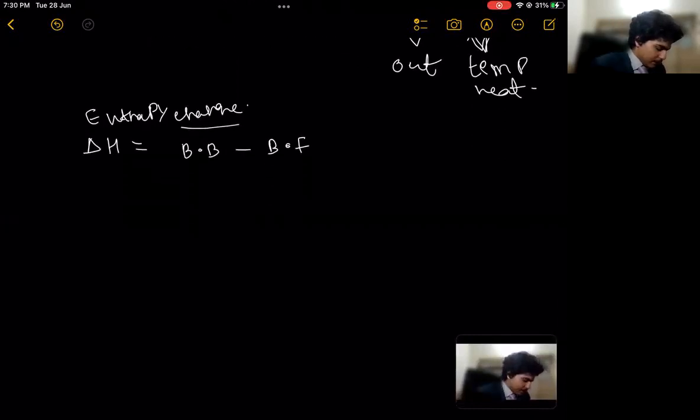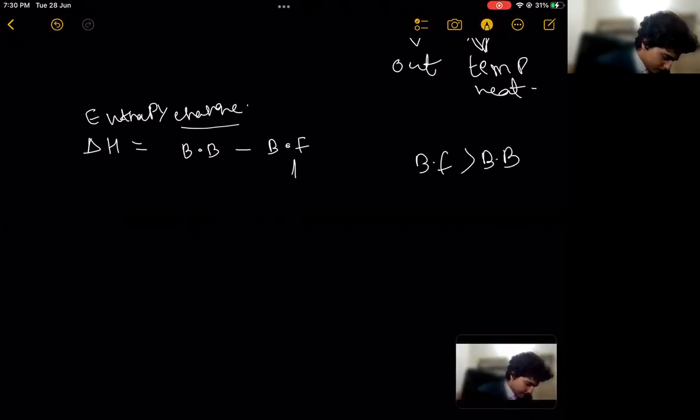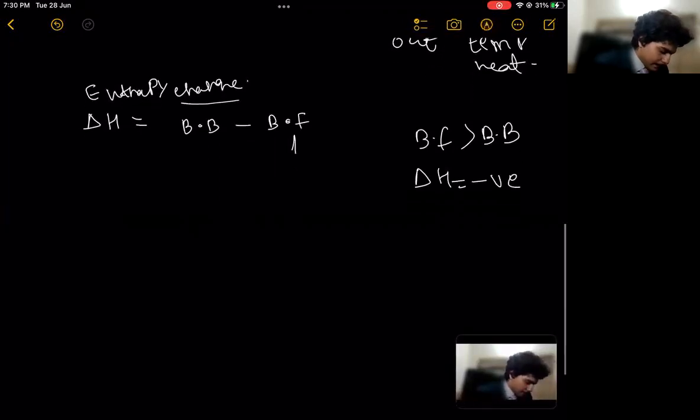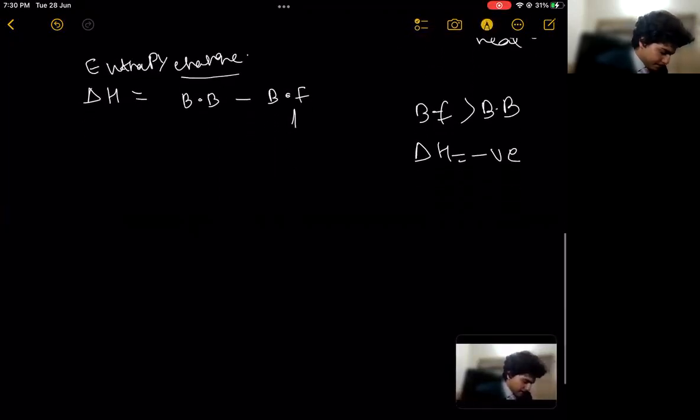Okay. So now if the bonds formed are more energetic than the bonds broken, enthalpy change will be negative, and the reaction is exothermic.